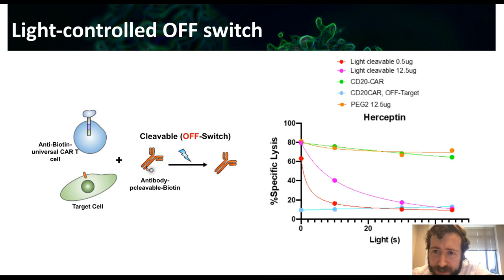But when we used our light cleavable adapters at two different concentrations, we saw that we get induced suppression of the tumor cell lysis. And so we were able to turn off lysis using the light for these two adapter antibodies. And even at 10 seconds of light exposure, we already saw a dramatic reduction, with near complete reduction by 45 seconds of exposure.